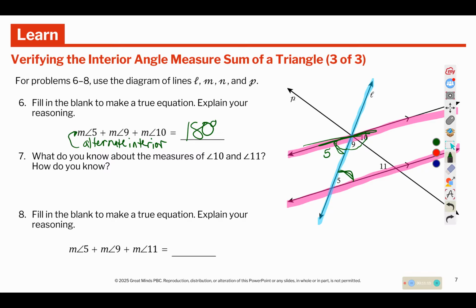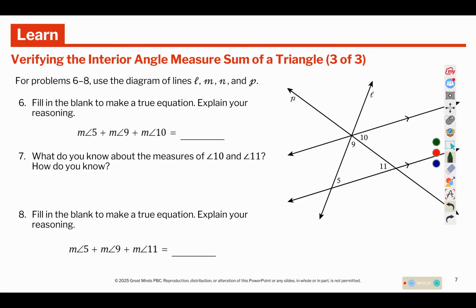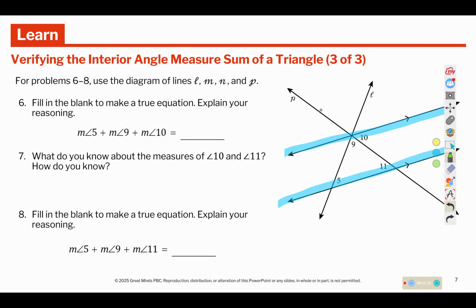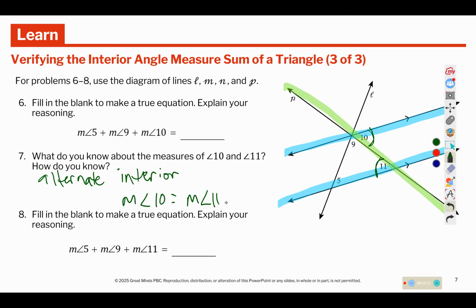Then it says, what do you know about the measure of angle 10 and 11? Well, here are my two parallel lines. Here's another transversal. So angle 10 and angle 11 are also alternate interior. So they are equal in measure. Fill in the blanks to make a true equation.